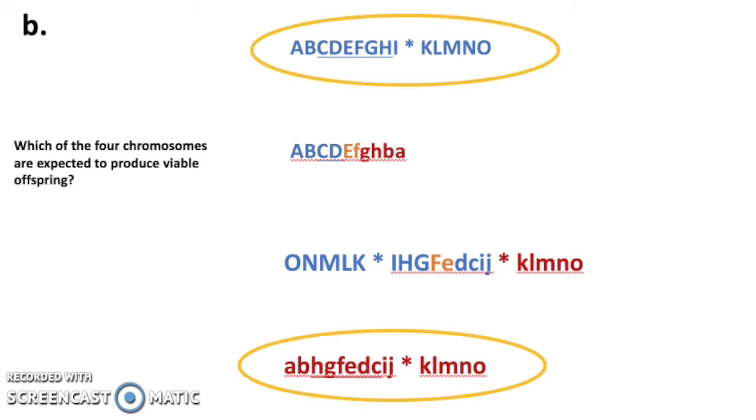So in this scenario, the first one and the last one here would produce viable offspring, and it's because they have, basically in this context, all the letters. So all the different genes that are associated with that chromosome are there. And both of these ones haven't been touched at all. So the other ones will not, which then leads us to part C.